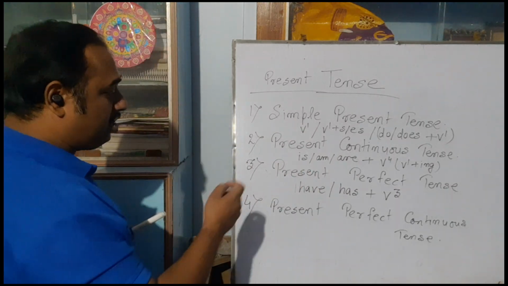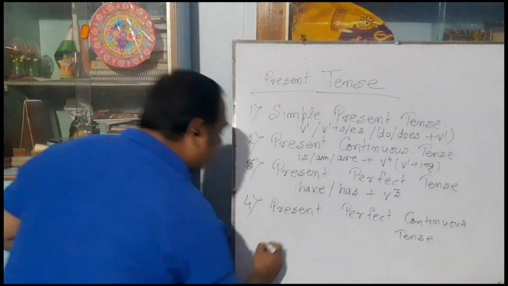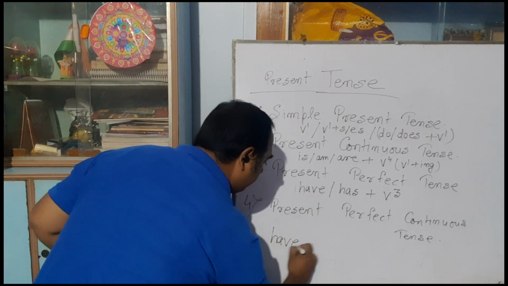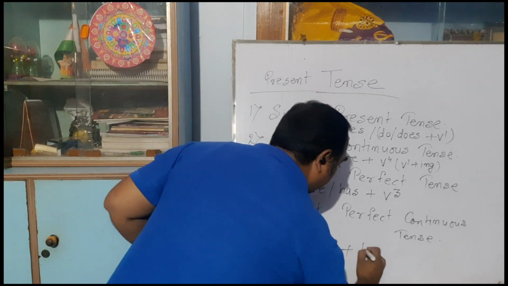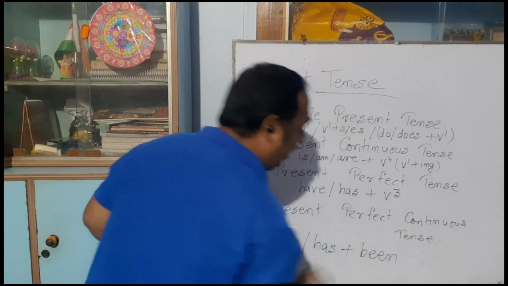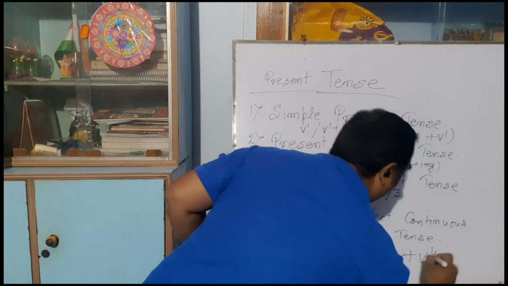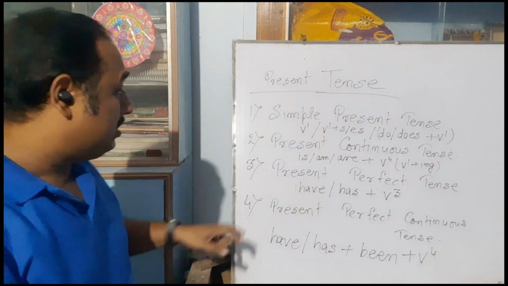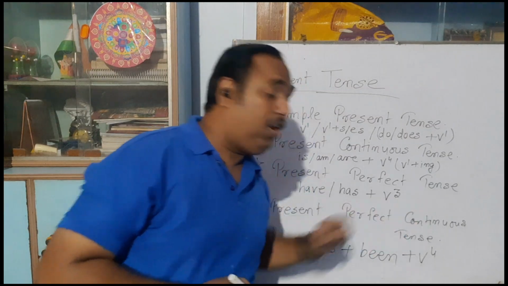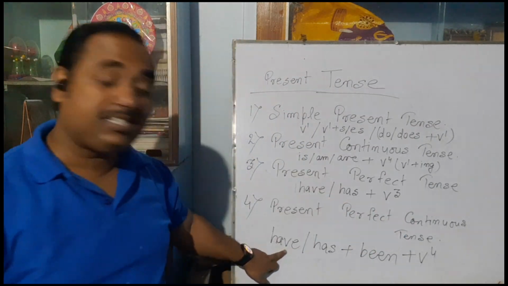Now, if we talk about the present perfect continuous, then there should be have, has, have or has, plus been, B-E-E-N, been. And with this, you have to use V4. Again V4, V1 plus ing. Now, its name is perfect continuous. So, from perfect, we have taken have, has.